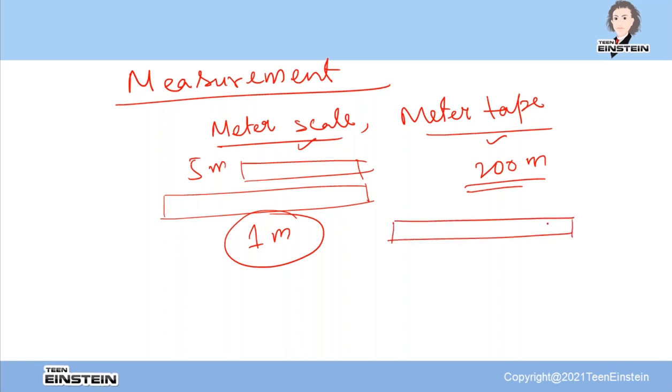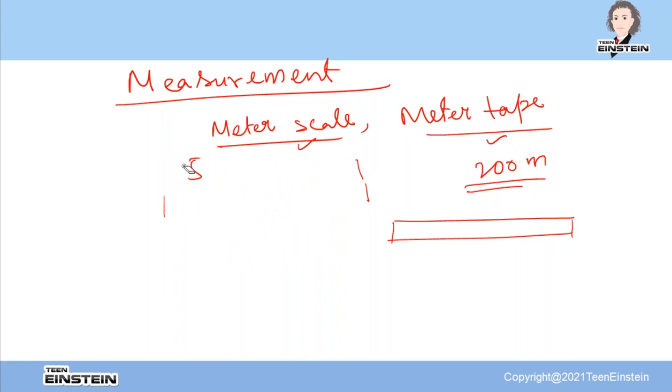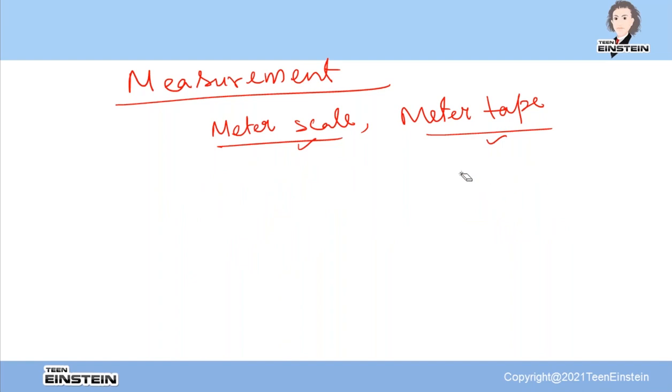Whenever we go for any experiment to measure anything, we need to find a suitable instrument to measure the quantity. If it is 200 meters, we don't use the meter scale, we use a tape, or maybe some other method.